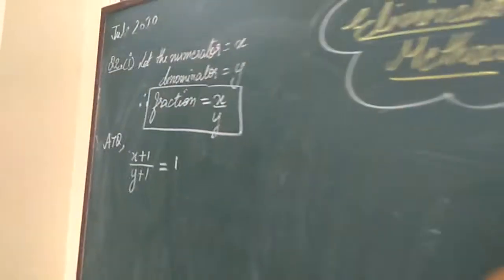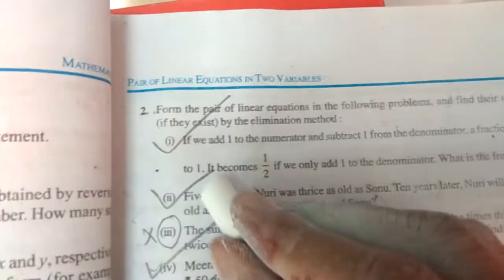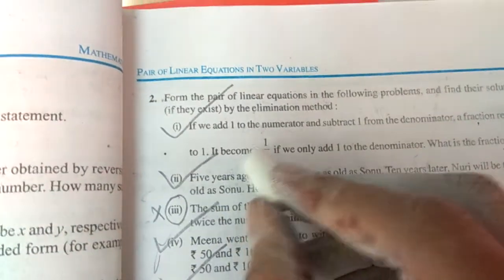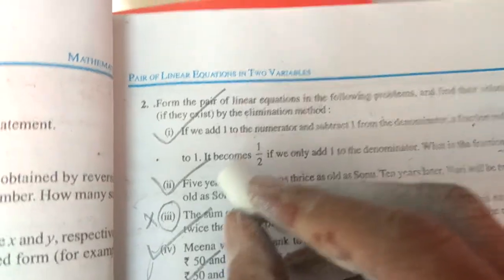And in the second line, it becomes 1 by 2 if we only add 1 to the denominator, means the numerator will remain the same.